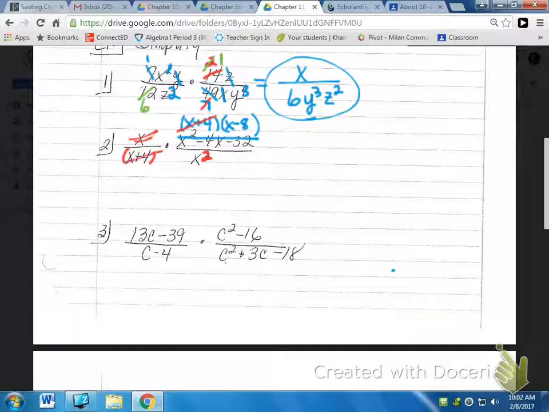The x plus 4s. And I think that's it. So I look to multiply across the top, and the only thing that I see left there is x minus 8. So I'm kind of dropping the parentheses when I do that. And the bottom I see an x squared. So it would be x minus 8 over x squared.